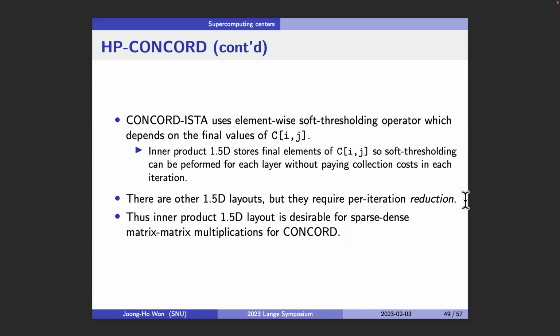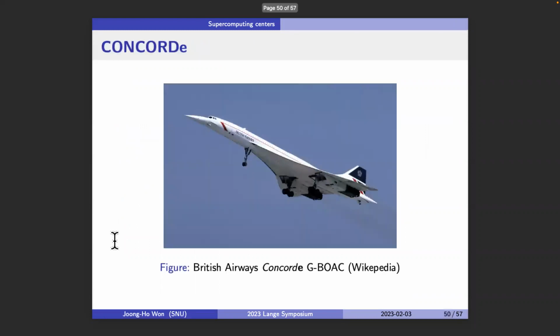So if you want to do soft-thresholding, you have to wait until this reduction operation is finished. That means some additional latency, but this inner product layout does not have that drawback. So that makes this layout ideal for sparse-dense matrix multiplication for Concord.